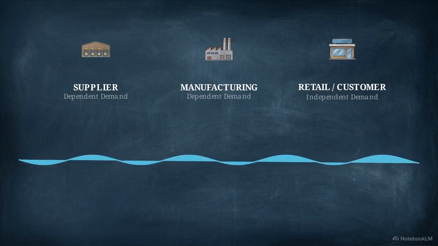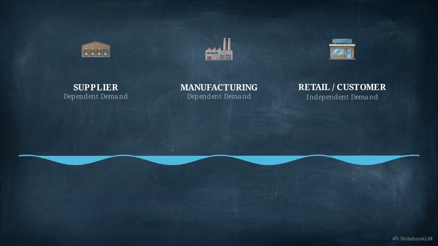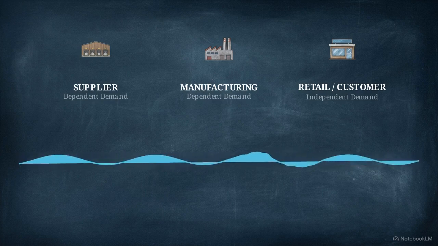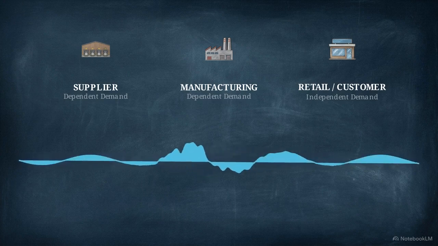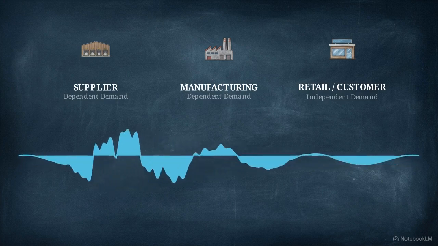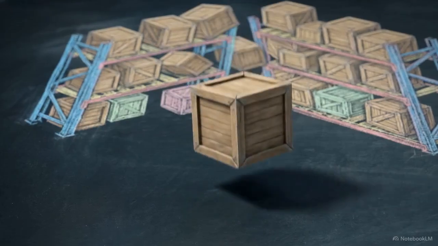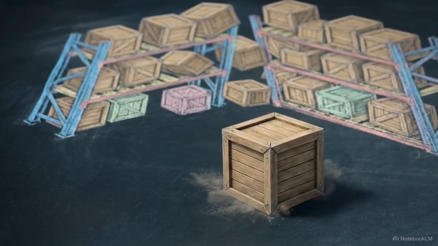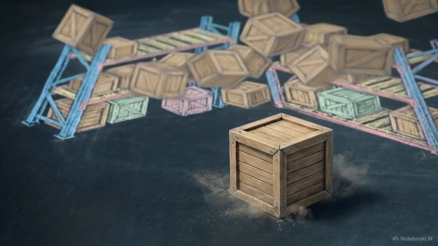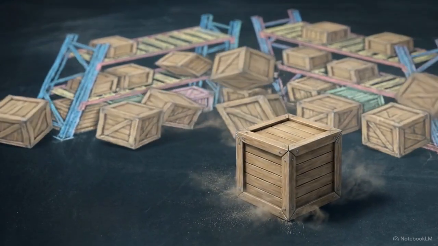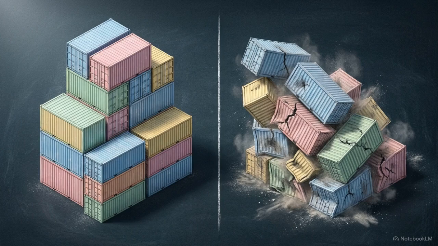This chart visualizes how a small, unmanaged variance at the retail level amplifies into massive, chaotic spikes as it travels leftward through the manufacturing and supplier nodes. Consider how a tiny forecasting error at the independent demand level cascades, amplifying through your entire dependent supply chain. The accuracy of these initial classifications determines whether the downstream network operates with precision or descends into systemic inefficiency.